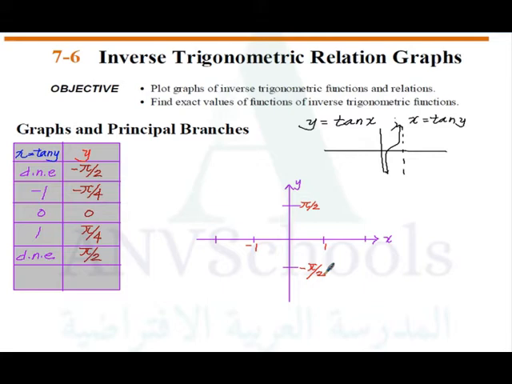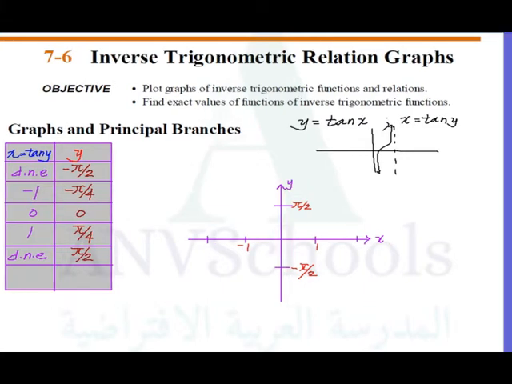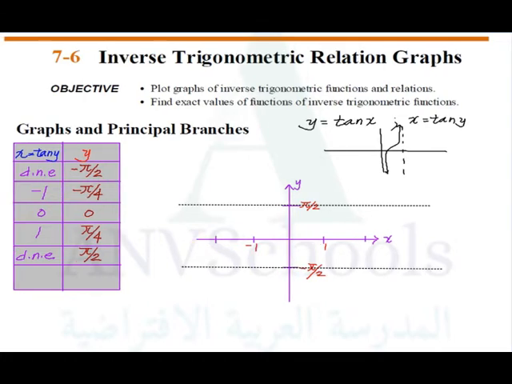So we have horizontal asymptotes instead of vertical asymptotes here. The horizontal asymptotes occur at negative pi over 2, so one stays here, and the other one at pi over 2. Now when x is 0, y is 0. That means we have a point at the origin.